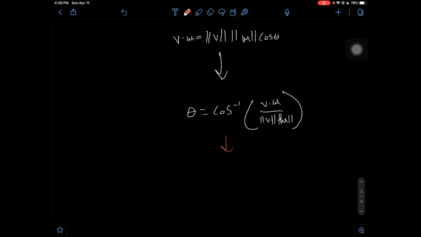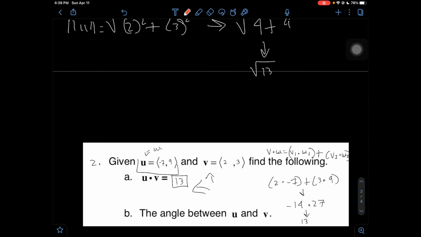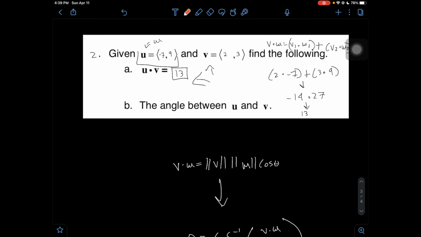So we're going to have theta equals arc cosine of 13 over, now we need to find our magnitude of v and magnitude of w. Well, we said v equals v and w equals u. And to find the magnitude, we're going to be using the equation, which is the magnitude of v equals the square root of v1 squared plus v2 squared.